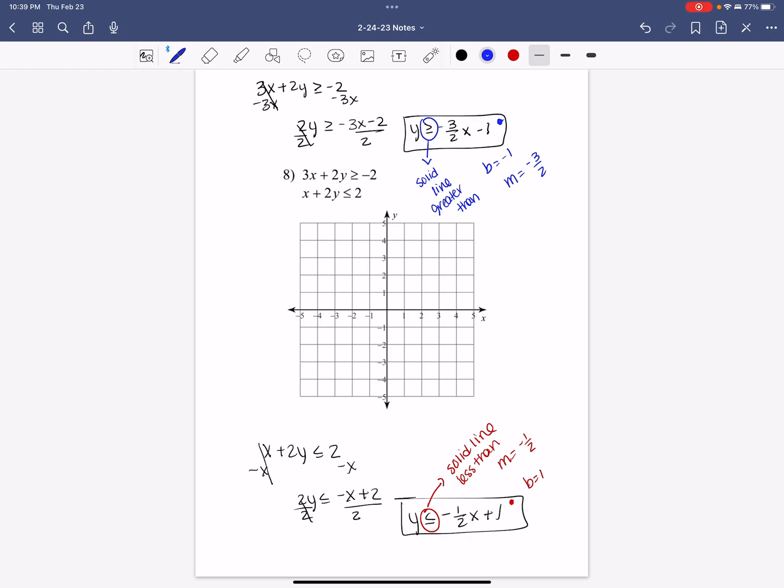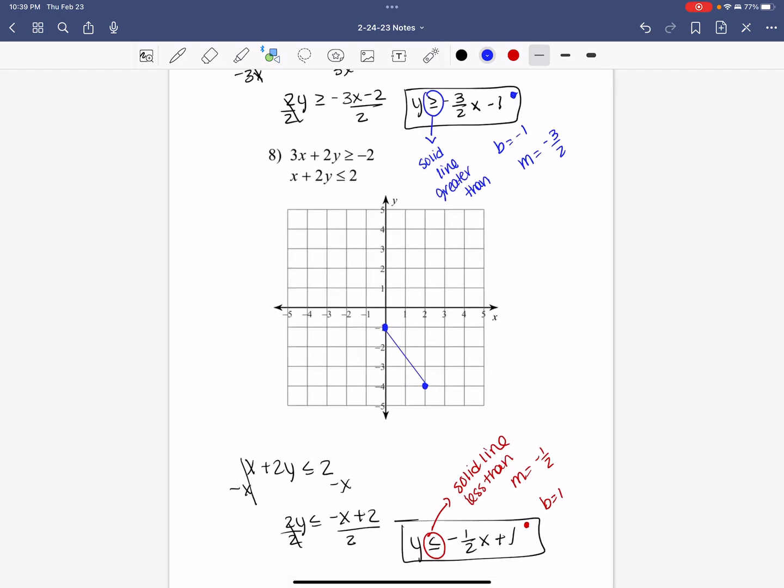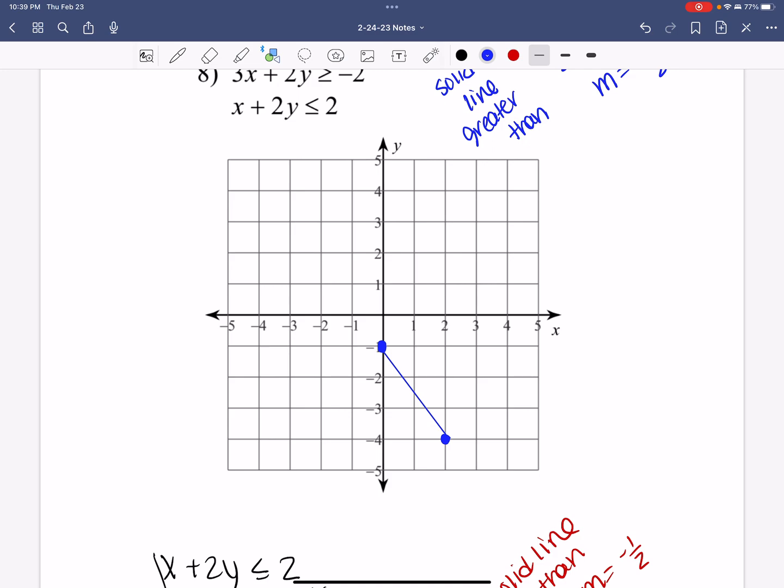So now let's go ahead and do that. So my b on the blue was -1, and it's down 3, 1, 2, 3/2, which is right here. Okay, so I'm going to go ahead and draw my line. Okay, let me actually zoom in. I'm going to draw my line. Wow, it's a really crooked line.